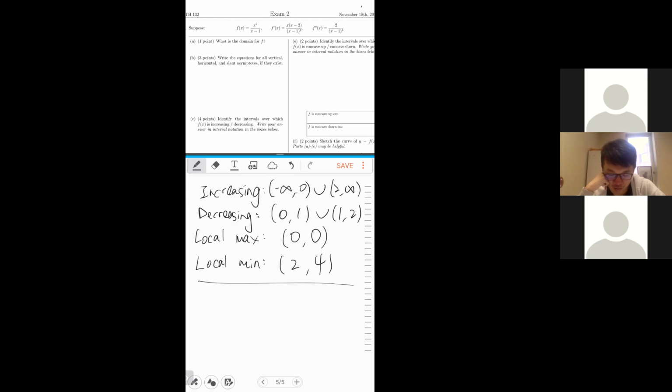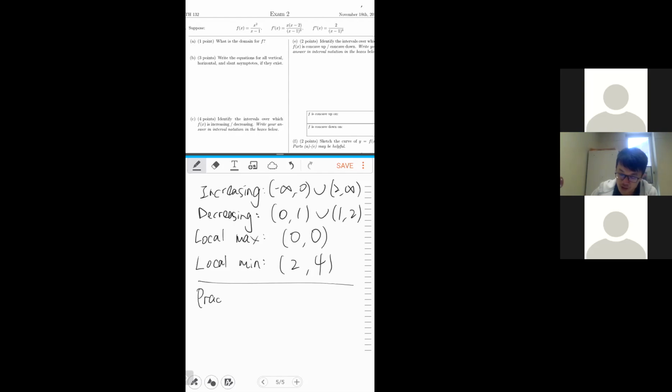So what is the second method for verifying that (0, 0) is a local max and (2, 4) is a local min? Okay, you look at the second derivative. How do I know, for example, that (0, 0) is a local max using the second derivative?